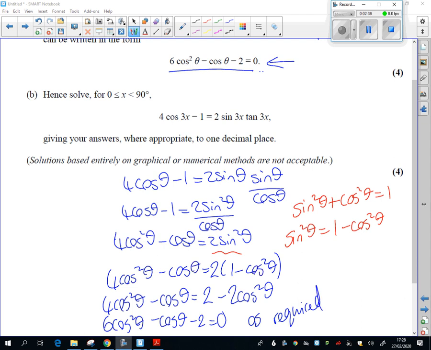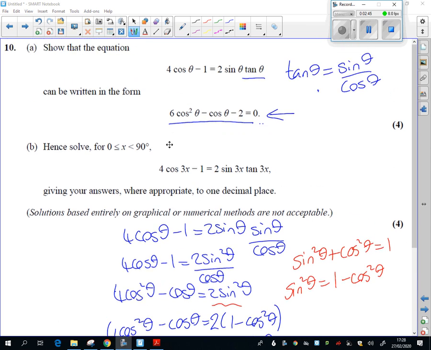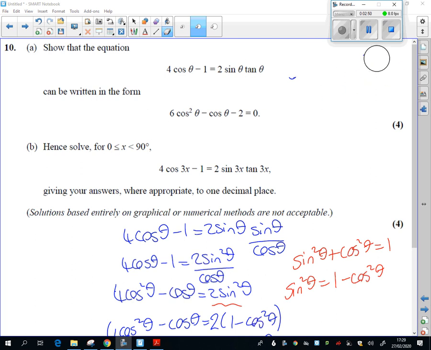Okay, now for part B, well, worst case scenario, even if I hadn't been able to prove that quadratic, I can still use it because I can look at what they've got here, and as soon as the question says hence, yeah, it's going to be involving my previous answer.